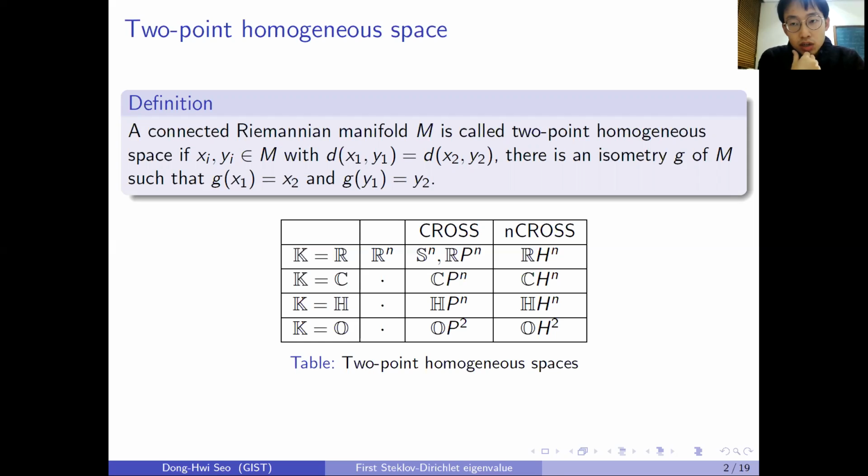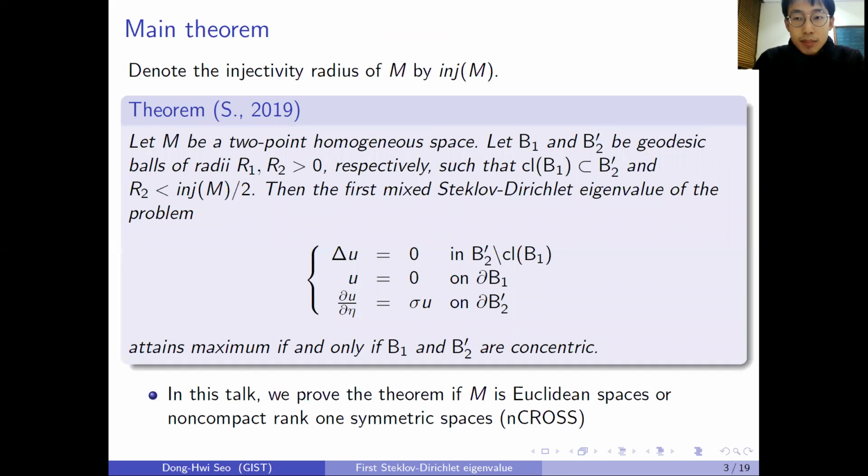To make trigonometric laws, we need a new angle which is different from our Riemannian angle. And my theorem is about a shape optimization result for two-point homogeneous space.